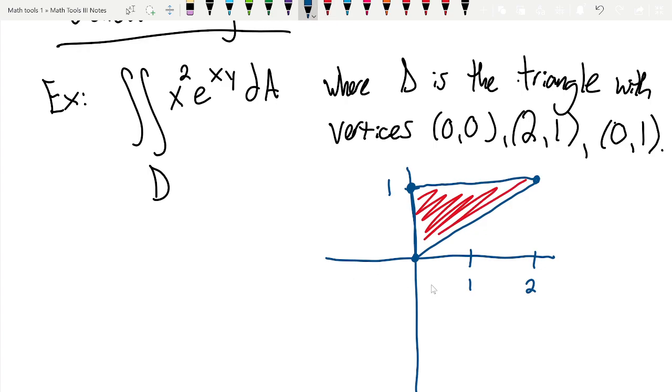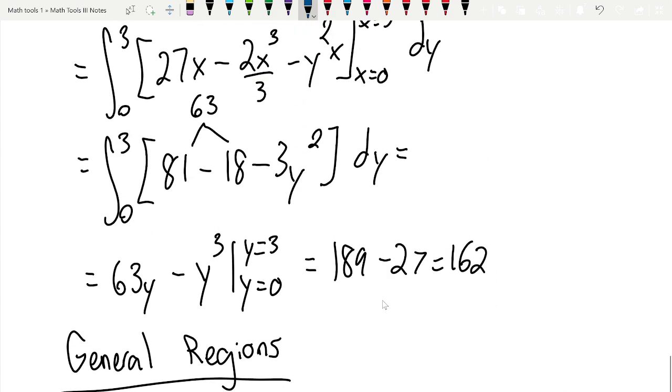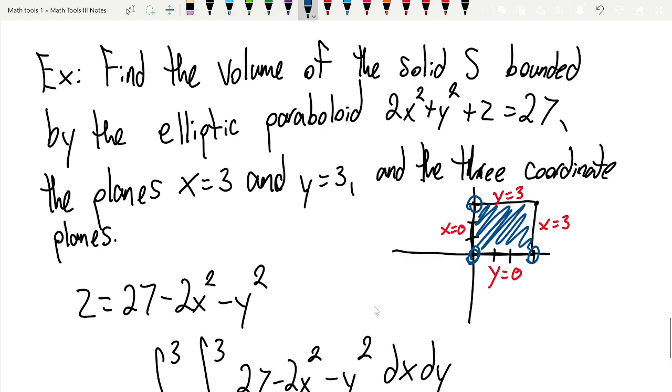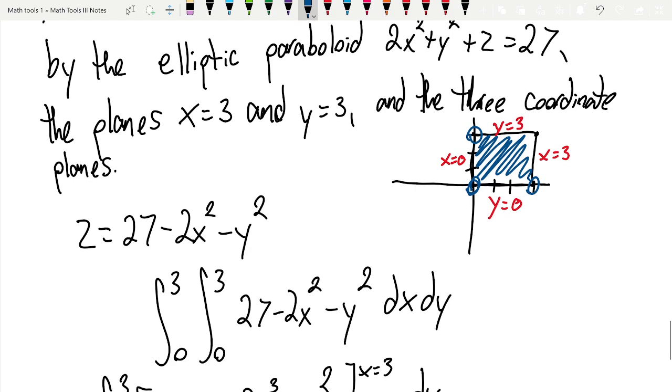Before we look at exactly how to tackle this, I want to move back to the rectangular regions first to look at exactly what we were doing. I drew this picture out already, but I just want to describe what we were doing here. On this one, we were integrating from 0 to 3 on the x's and 0 to 3 on the y's.